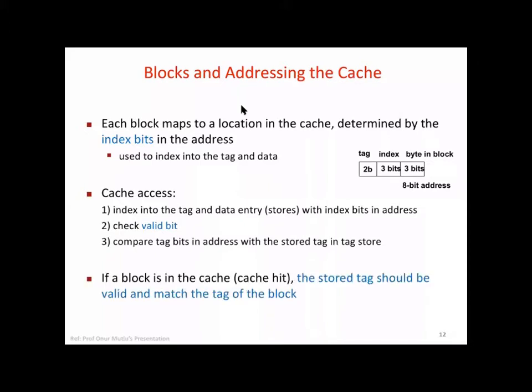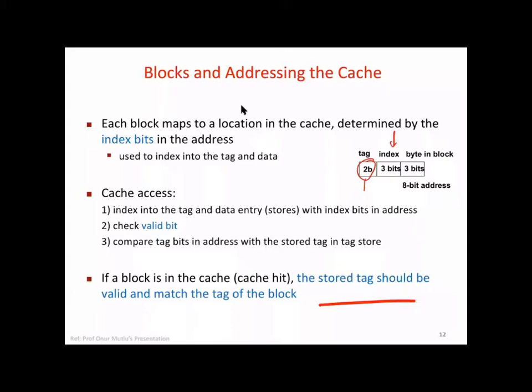The points here discuss the same thing: first we look at the address that comes from the CPU. Then in that we know what the tag bits are, because this address is intercepted by the cache controller, and it knows what the tag bits are. For example, there are 2 bits for the tag. It will look into the tag store and find out if the tag is there and the valid bit is set.